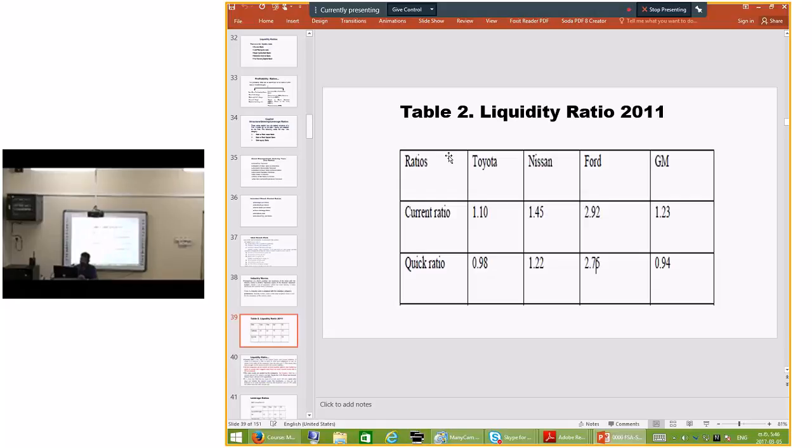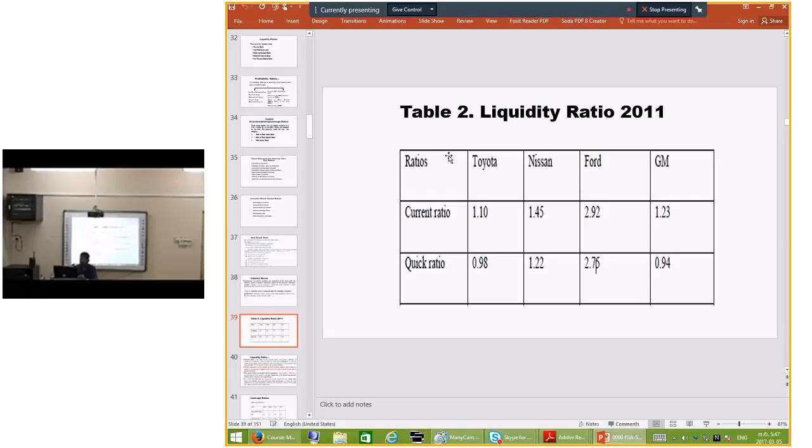Here you can see current ratio 1.1, right? Even if you have this type of information, you should have a clear idea about the ratio. Current ratio 1.1 means we have only 1 rupee and 10 cents for meeting current liabilities. Then the quick ratio 0.98: to meet this 1 rupee of current liability, we have only 98 cents.